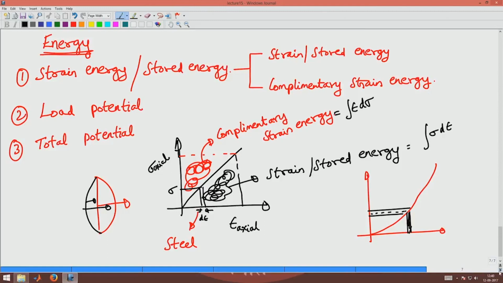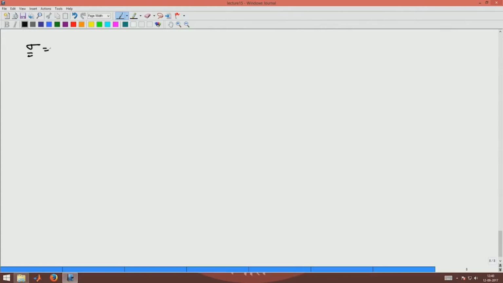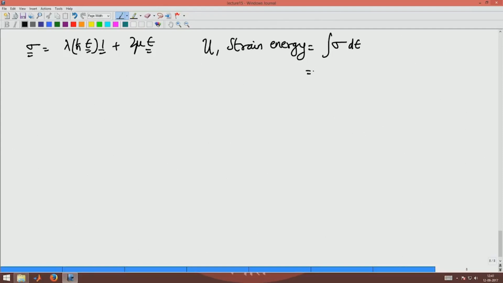Now, let us do this for a uniaxial case of a linear elastic material. We know that for a linear elastic material, sigma is given by lambda trace epsilon identity plus 2 mu epsilon. So, when I want to find strain energy, I have to integrate sigma with respect to d epsilon, which means I have to find sigma as a function of epsilon, which in turn will boil down to an expression plus mu trace of epsilon squared.